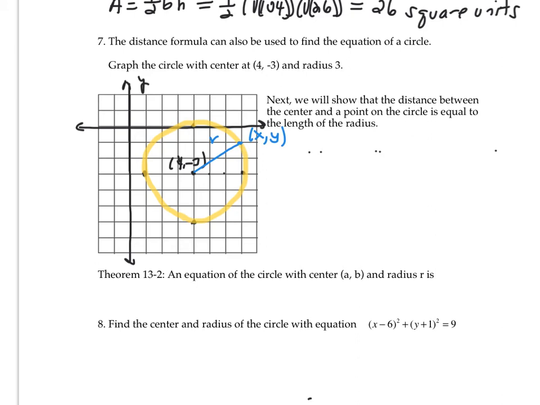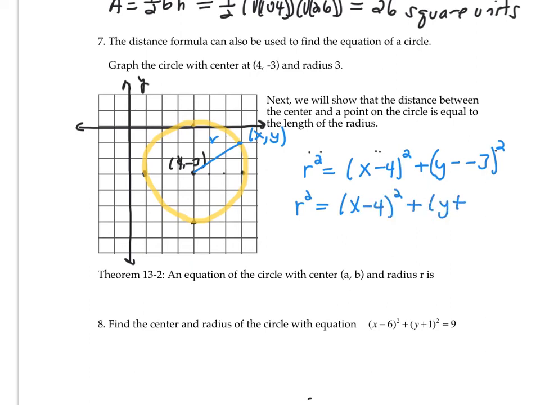So it would be d squared, or r squared, is equal to x minus 4 quantity squared plus y minus -3 quantity squared, or r squared is equal to x minus 4 quantity squared plus y plus 3 quantity squared.